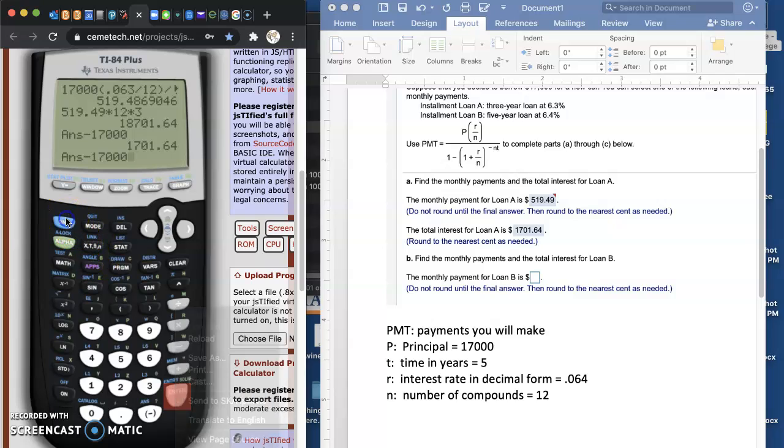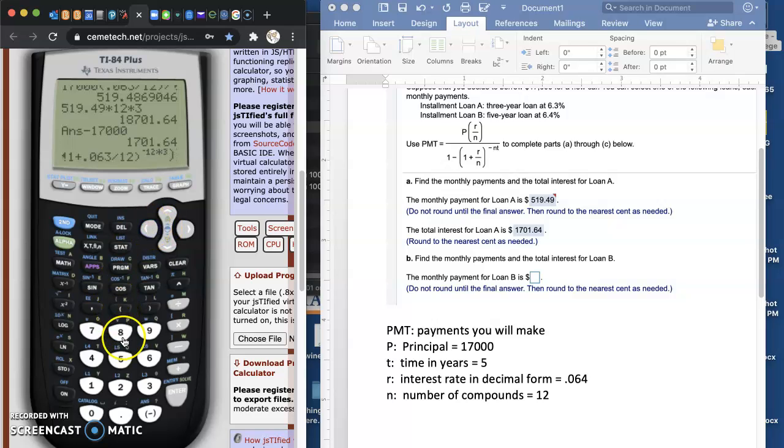I think I can get that back real quick. You may or may not be able to do this on your calculator. I may or may not be able to do it on this one, but if I can, I'm going to go back to that big formula I already put in, okay? And remember the T, which is time in years, changed to 5 years. So the 3 changed to a 5, which is right there.